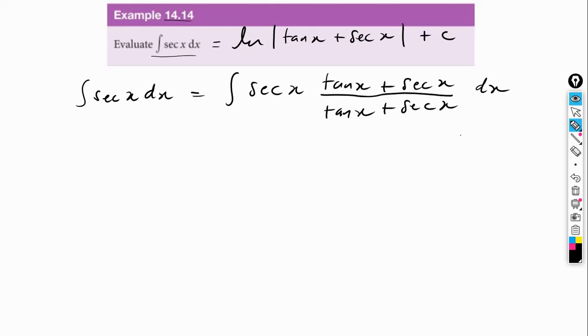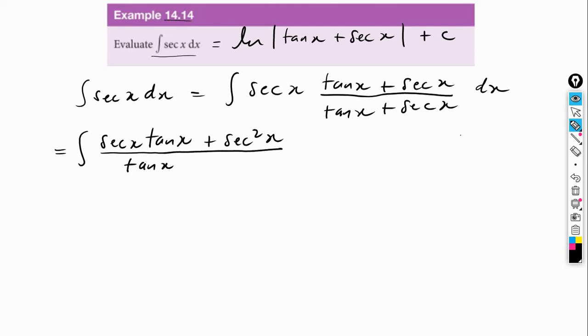So then this is going to equal the integral of secant of x times tangent of x, and we know that this is the derivative of secant, plus secant squared of x, which by the way is the derivative of tangent, and this over tangent of x plus secant of x, and dx. So at this point, now we can do a u substitution.